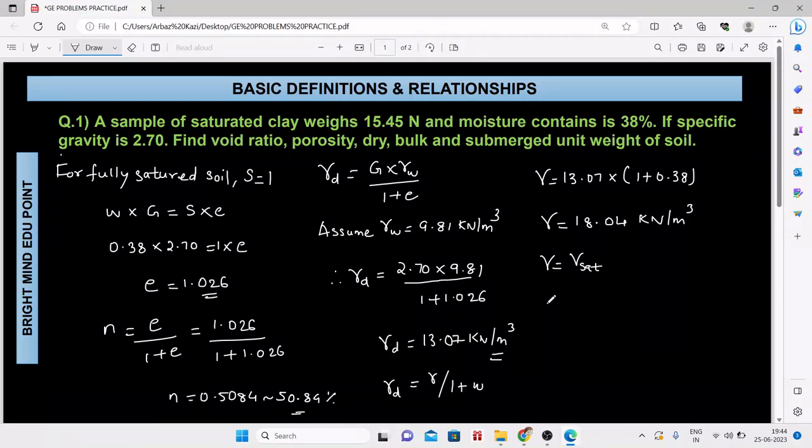Now the last part is we have to find the submerged unit weight, which will be equal to gamma dash, that will be equal to gamma sat minus gamma w. So gamma sat is 18.04 and the value for the unit weight of water is 9.81.